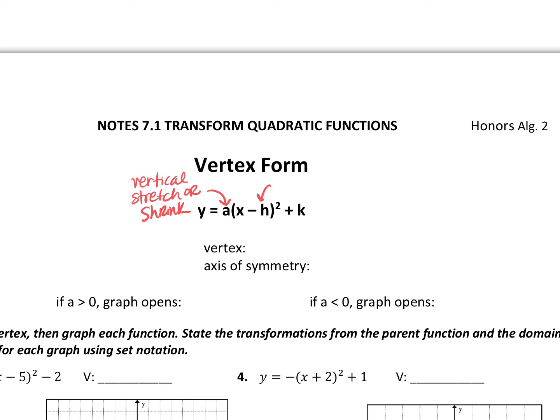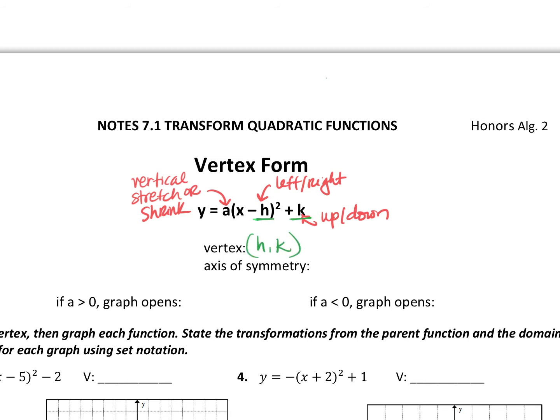h is what's happening left and right. Okay, it's opposite logic, remember? The k is the vertical shift. It's either going up or down, and it goes with logic. So this formula is called vertex form because you can look at it and see the h and the k, which is your vertex. h and k.